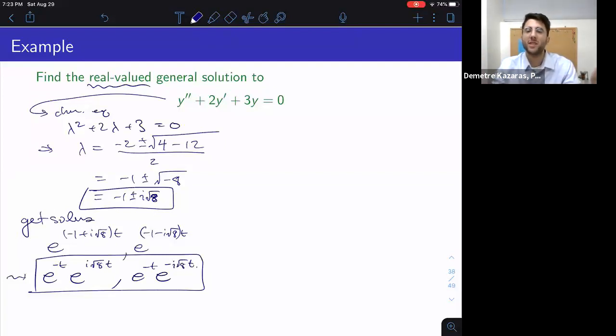But we wanted to not just get some answer, we wanted to get real value answers, sines and cosines. So let's do that step that I mentioned in the last slide, but did not tell you how to do. Let's call this x1 and this other function x2.